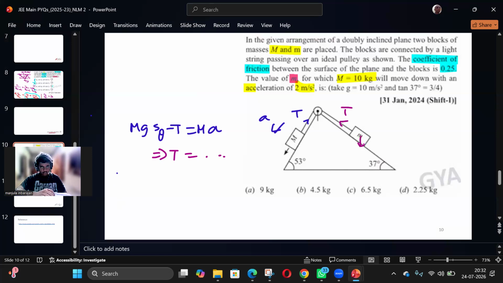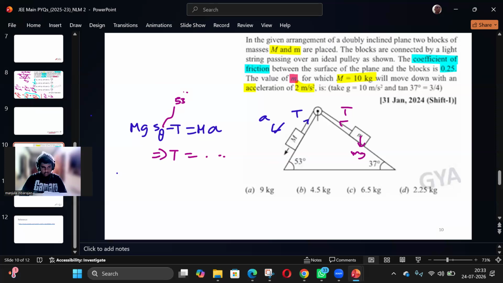Oh, I made a mistake here. Sine theta should be sine 53, right? So we have to use theta as 53 degrees. So sine 53 is 4/5.